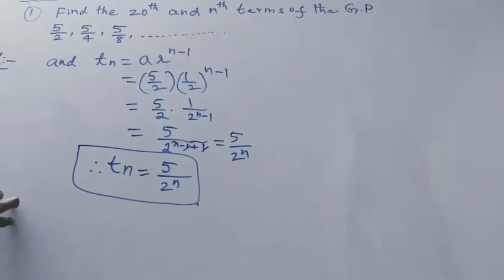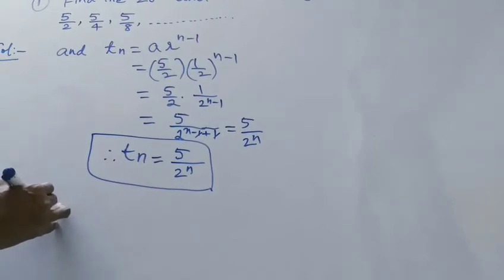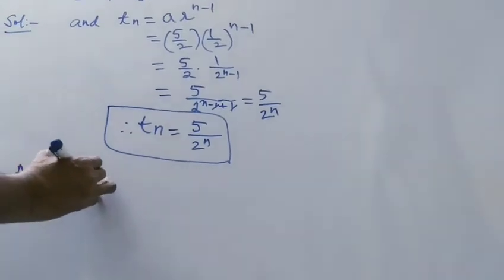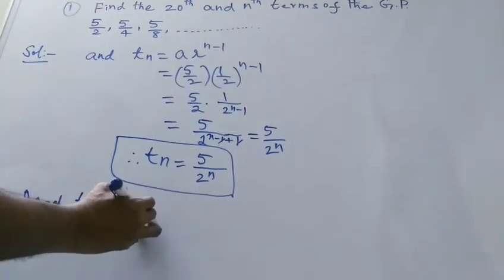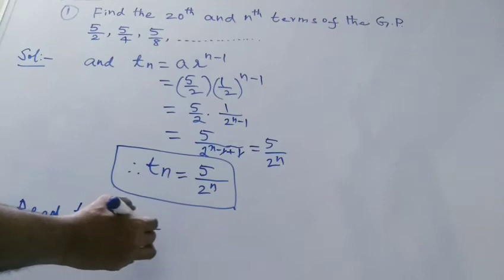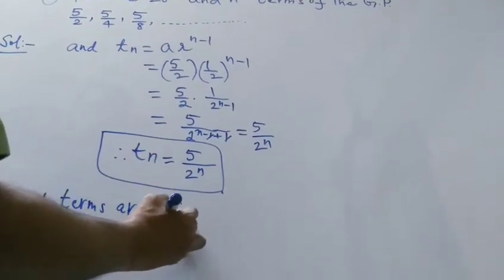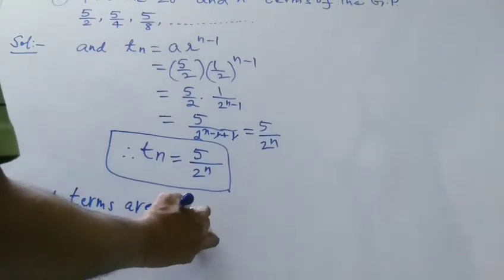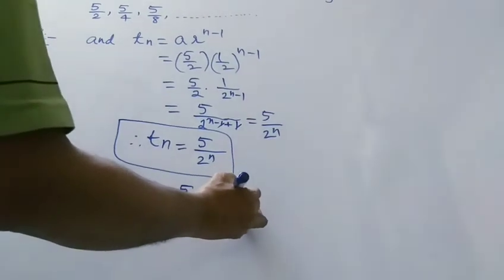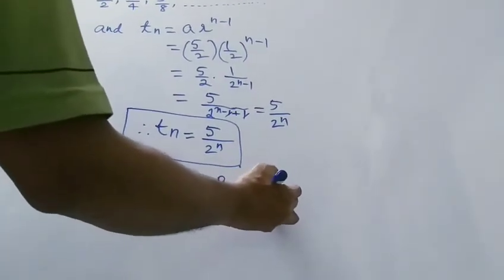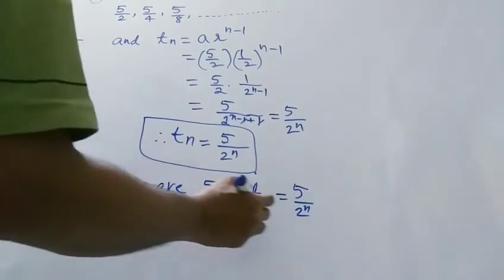The required terms are 5 by 2 to the power of 20, and the nth term is equal to 5 by 2 to the power of n.